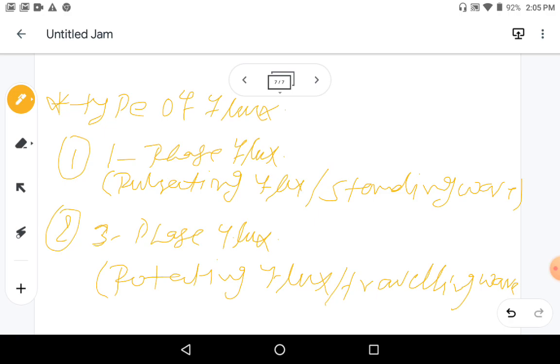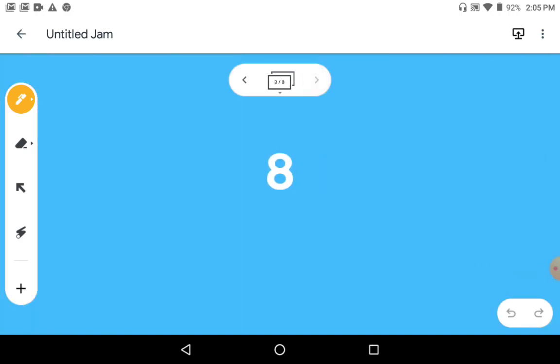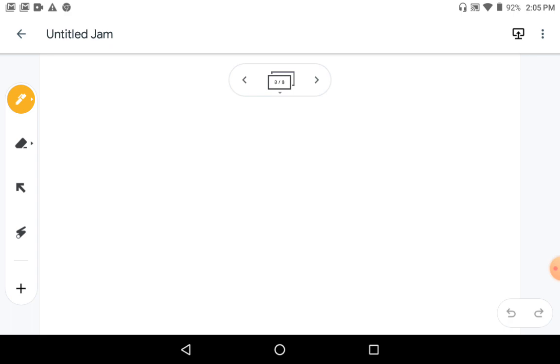Now, three phase flux is rotating, so we should know why three phase flux is rotating. First, the traveling wave.